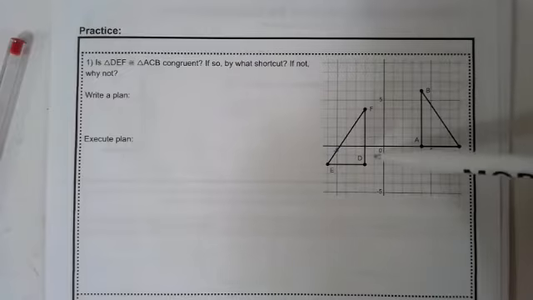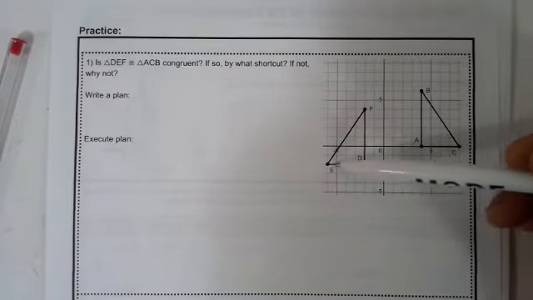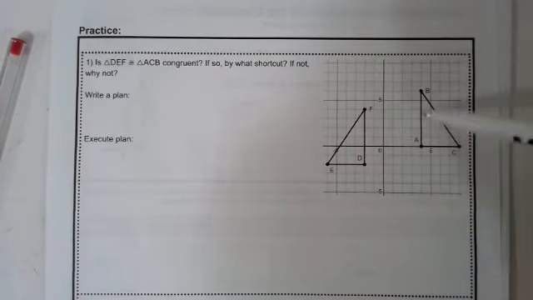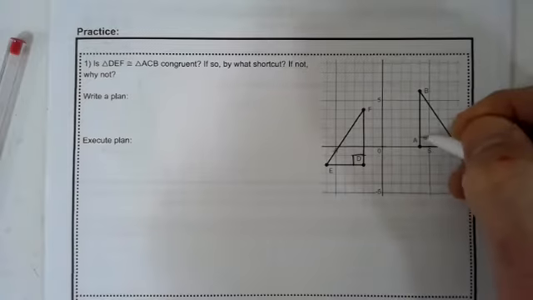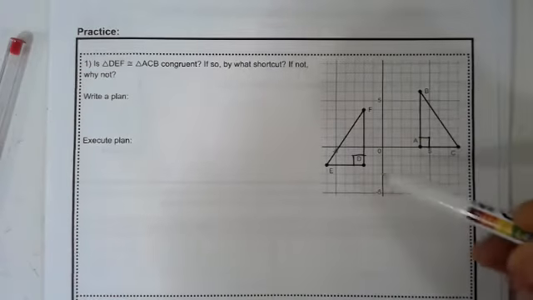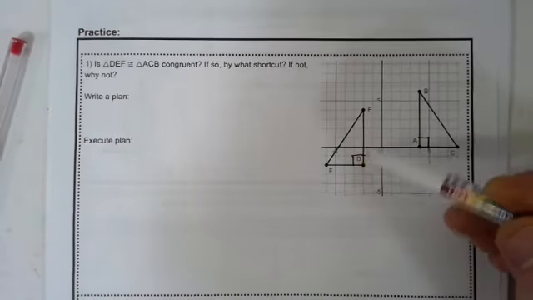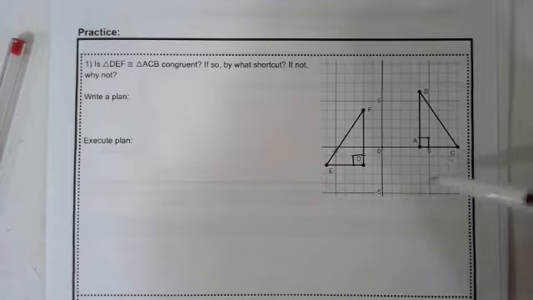Well, when I look at them right away, I see I have a horizontal and a vertical and a horizontal. And that tells me from the previous page, since I have vertical and horizontal, I know that angle D here and angle A here are going to be congruent. So congruent right angles because they're perpendicular with vertical and horizontal.